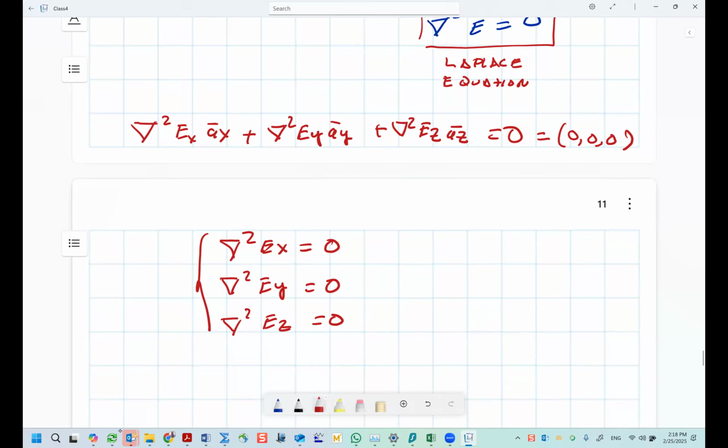Is this easy to solve? It's relatively easy to solve, even if you want to do it analytically. If you have, let's say, one independent variable, so let's say that you have only one field. You're talking about a parallel plates capacitor, right?